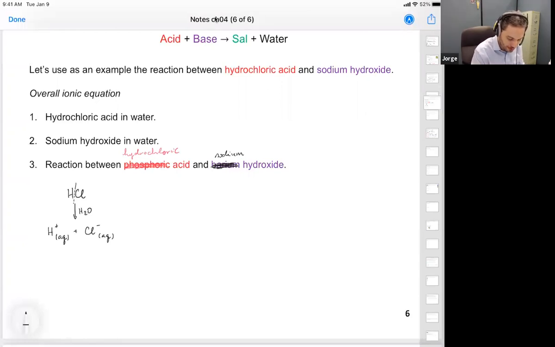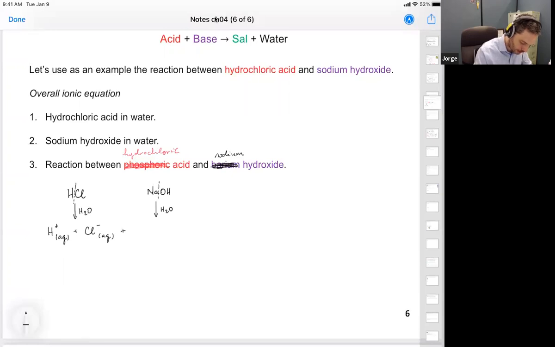And we do the same thing with the base because we need to know what are the ions that are participating. So we have here sodium hydroxide that's going to be dissolved in water.